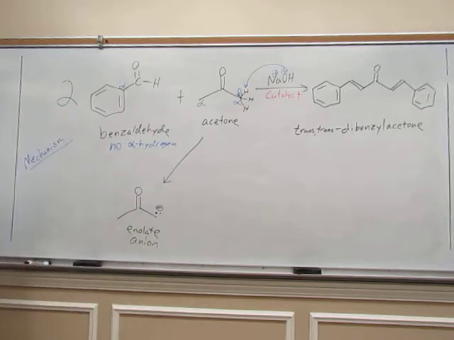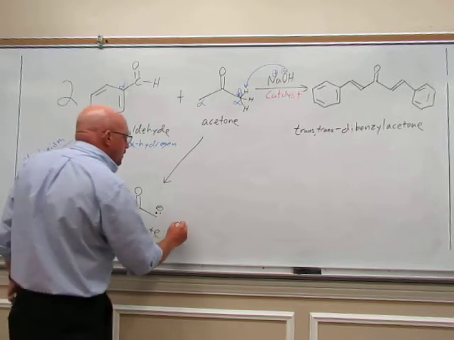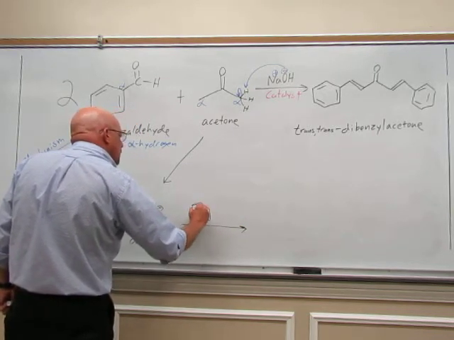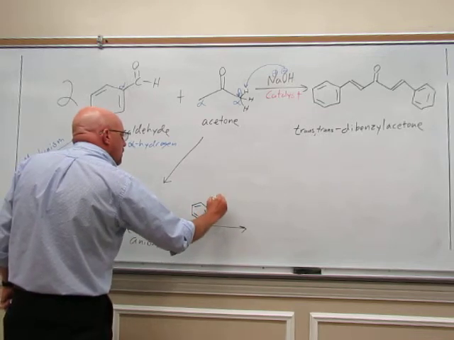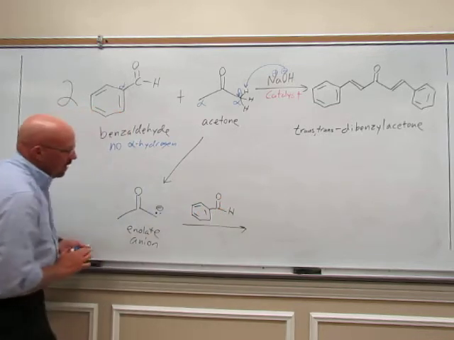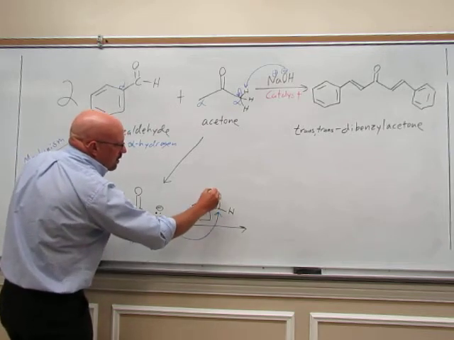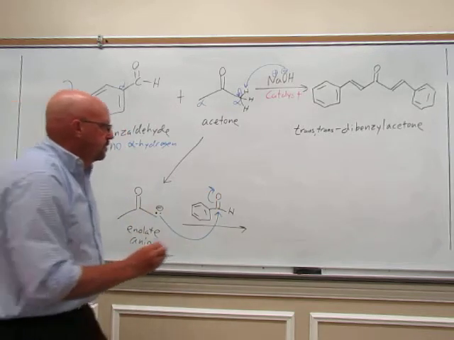Now, that enolate anion is going to react with the benzaldehyde. That enolate will attack the carbonyl and kick the electrons up onto the oxygen.